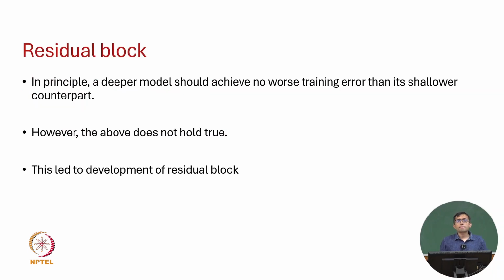So we said that in principle, a deeper model should achieve no more training error than its shallower counterpart. However, we also said that this doesn't always hold true, right? And this led to the development of the residual block.